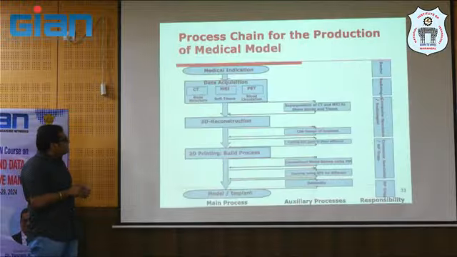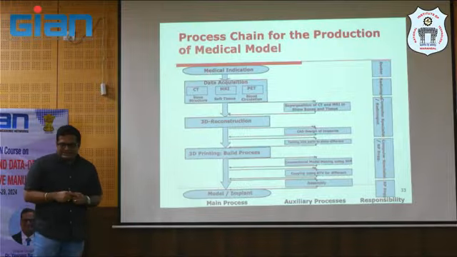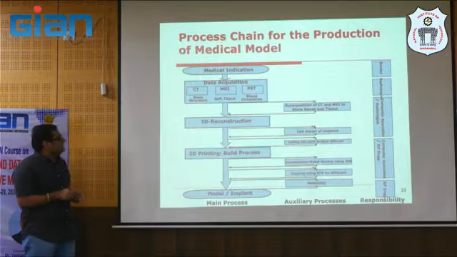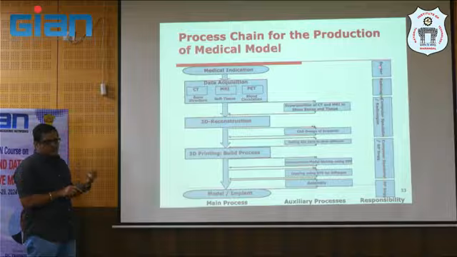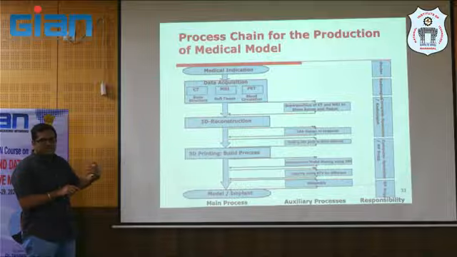So in summary, try to see the cycle here, right? The patient is going to be the start point. The doctor will give a medical indication, and the radiologist will come into the picture: CT if it's a bone structure, MRI for soft tissue, or maybe a PET for blood circulation or cancer.